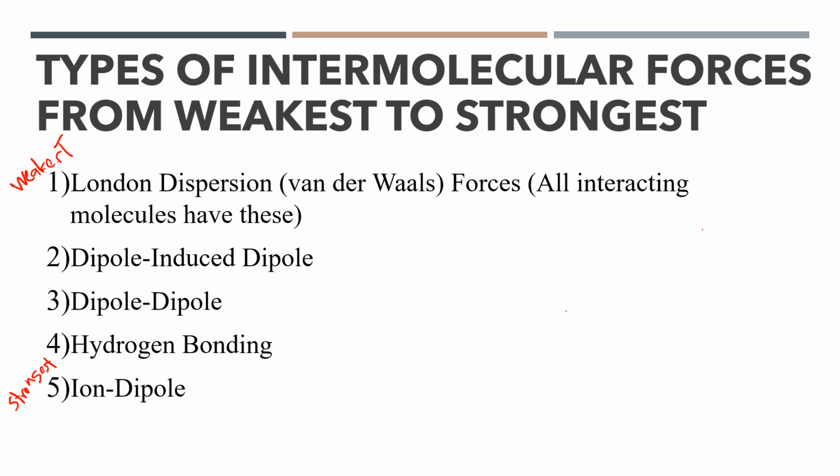For ion-dipole, it can have hydrogen bonding, but it doesn't have to. So it could potentially be ion-dipole, dipole-dipole, dipole-induced dipole, and London dispersion. Just keep in mind multiple things can be involved. Let's go into more detail on what they are.